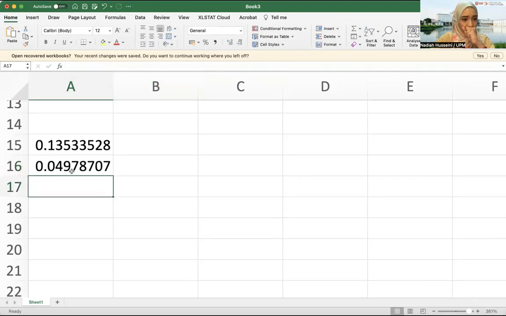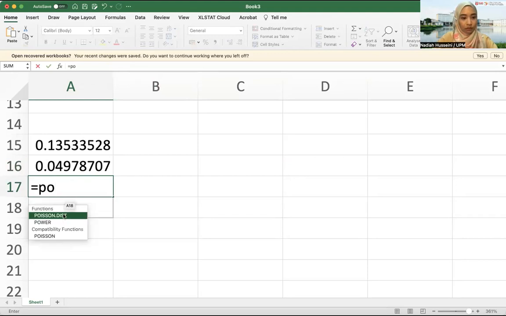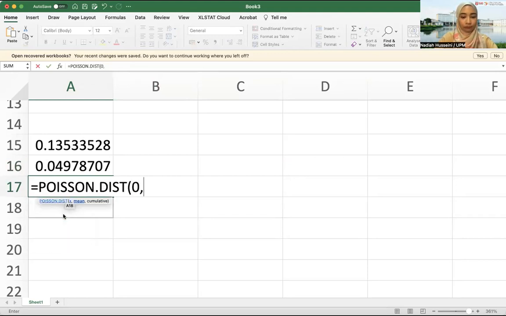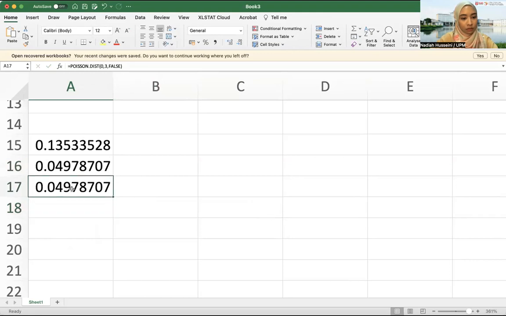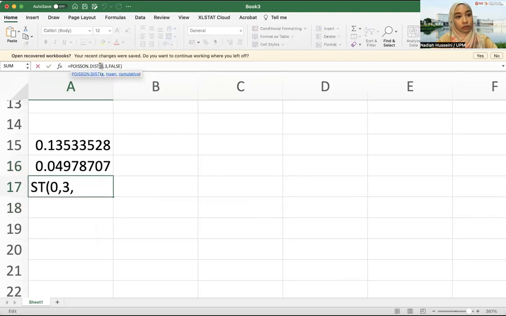So this is the answer. Poisson distribution, x is equal to 0. The mean is equal to 3 and false because probability mass function. So even though I put x equal to 0.5, it returns the same answer as if x is equal to 0.